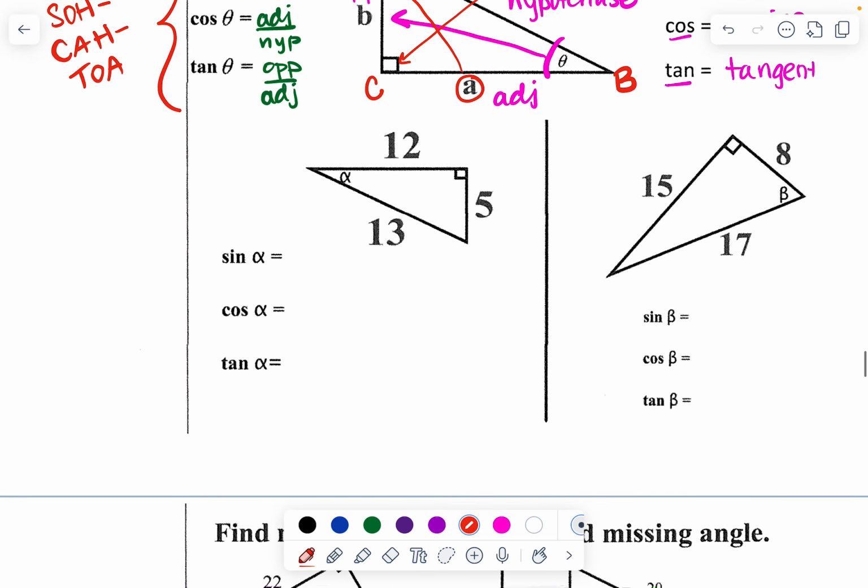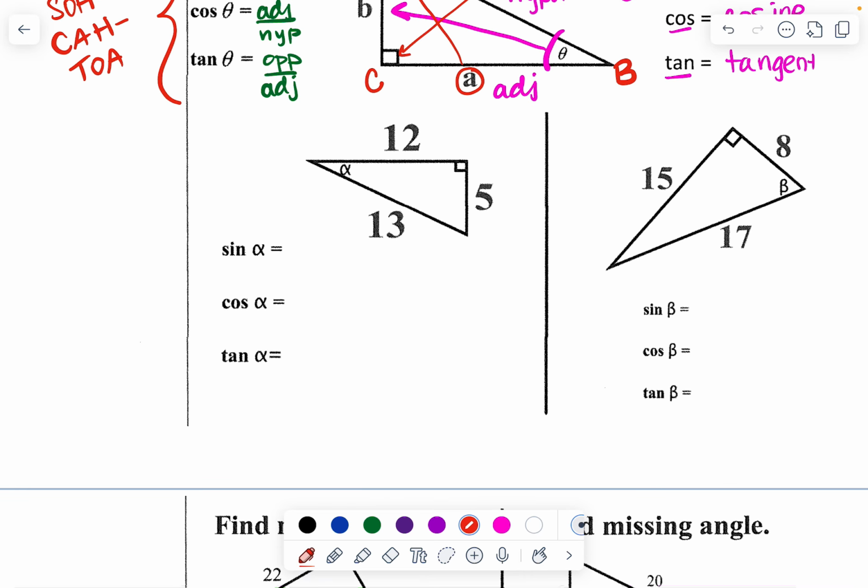Before. So let's say, for example, here's another unknown angle. We call this alpha. Sometimes angles are not just theta. Sometimes they're alpha, different Greek letters. It's fine. So from here, we always want to make sure that I'm drawing a line from the opposite side from that angle. So this is our opposite side. Our hypotenuse is the longest.